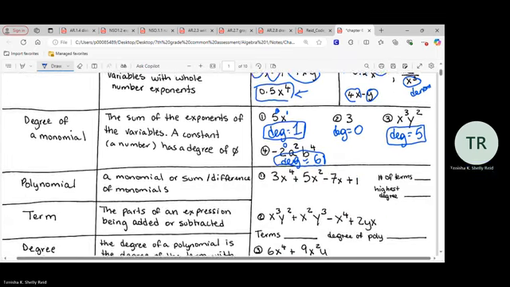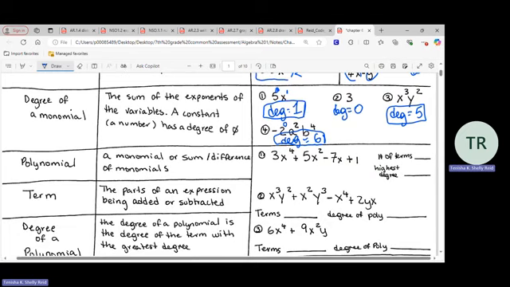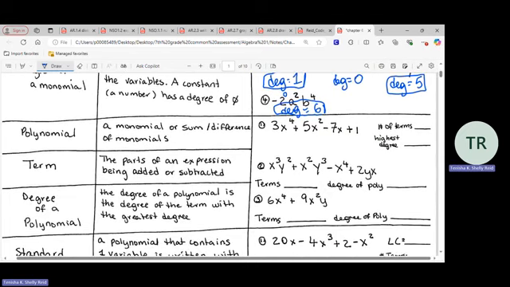All right. So a monomial, mono meaning 1. Now we talk about polynomial. Poly means many. So a polynomial is the sum or difference of monomials. Sometimes they'll refer to the whole thing as a polynomial, but a poly is really the sum or difference of monomials.